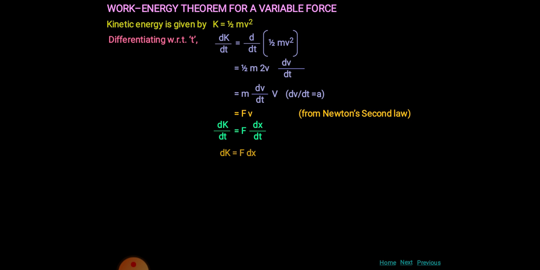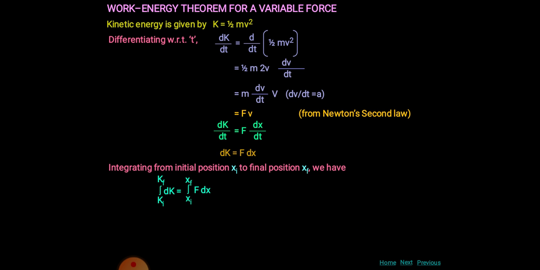For F dx, that is xi to xf. So observe carefully, we have taken integration on both sides: integration from Ki to Kf of dK is equal to integration from xi to xf of F into dx. The integration of dK is K, upper minus lower. Upper is Kf, lower is Ki.